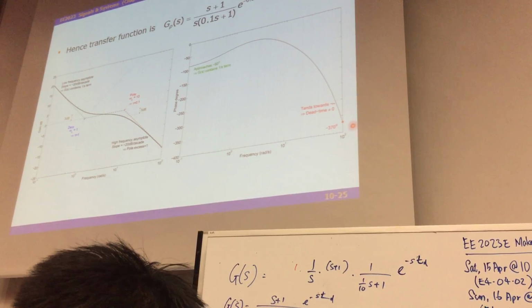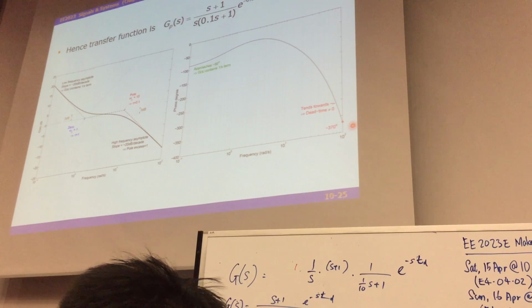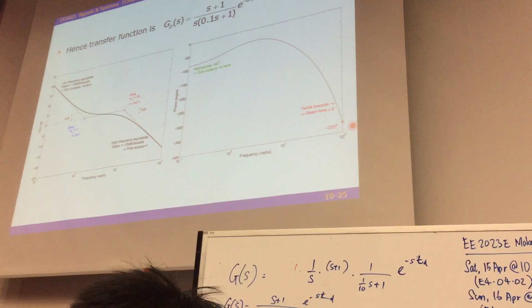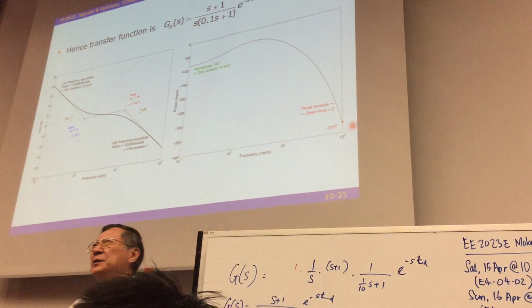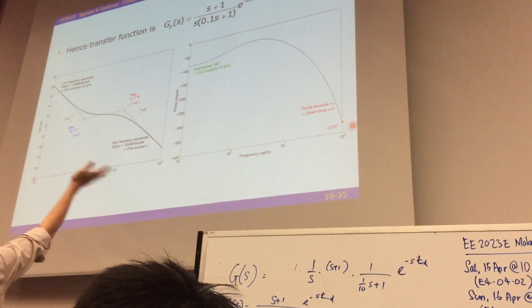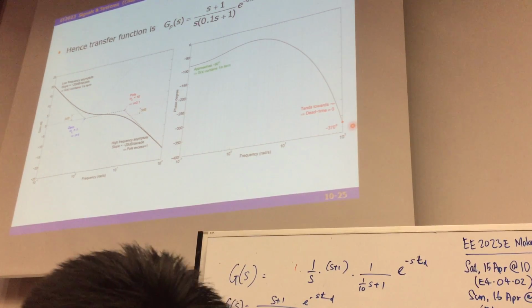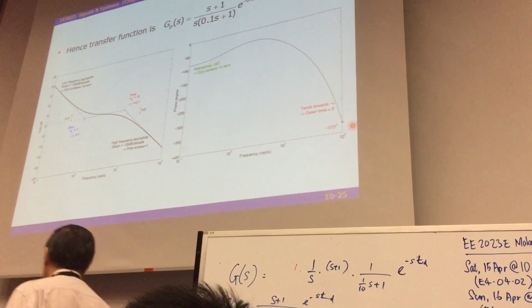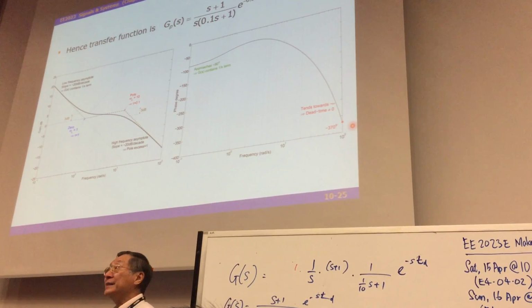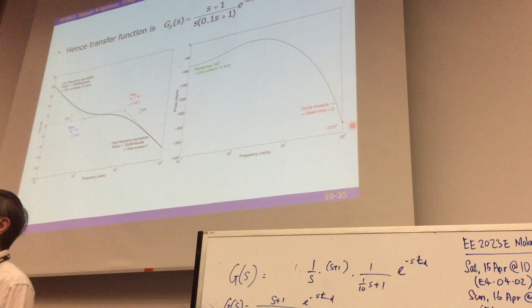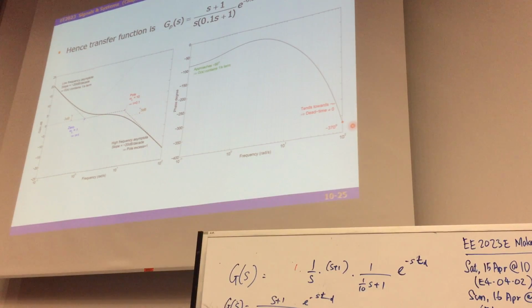You don't have to choose 100. The graph is already given to you. The only thing is that you should choose a higher value of omega, because these are all the high frequency. That's why it goes down.